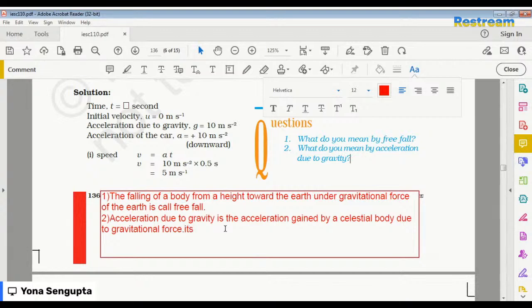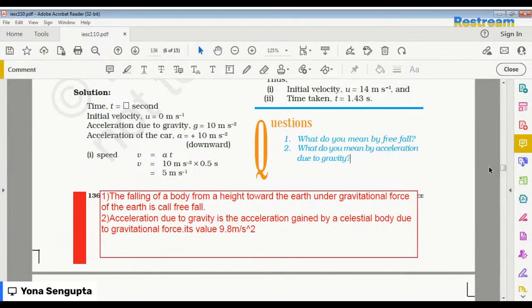But if it's what you mean by acceleration due to gravity, then we also need to write the value of acceleration due to gravity. So the value of acceleration due to gravity is 9.8 meter per second square. So this is the answer of number 2 on page number 136.